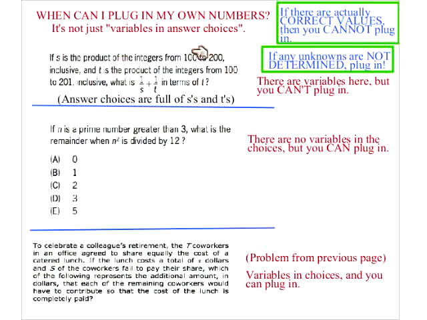It's a very large number, which is why they gave it a letter name, because it's so big. But it's a hard number. It's the product of the integers from 100 to 200. And then so is T. So that's what's going on there. There's no unknowns. These have correct values.